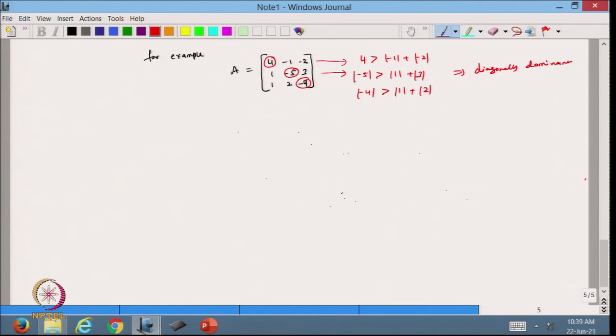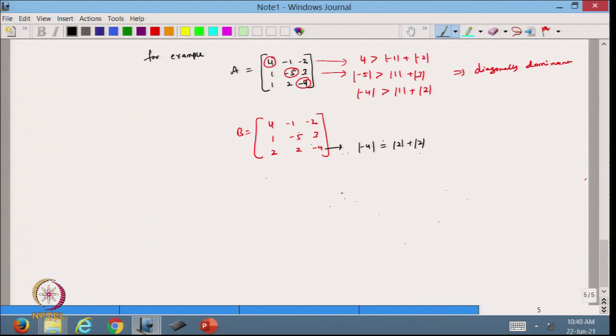But suppose I take another matrix B, and if I write the same matrix 4, -1, -2, 1, -5, 3, but here suppose I write 2, 2, -4. So, in this case if you see, starting from here, |-4| will be equal to 2 plus 2.